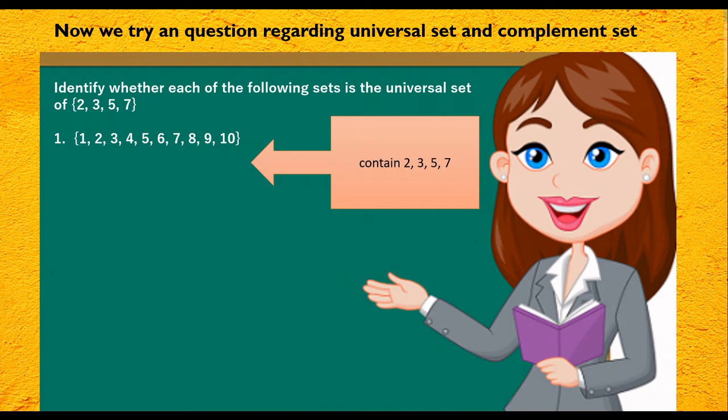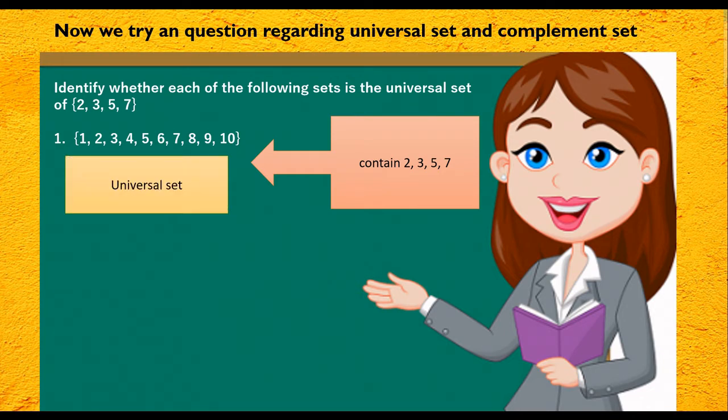So how am I going to confirm my answer? You look at the universal set given and then you look at the special condition given. The special condition needs 2, 3, 5, and 7. Since the universal set given contains 2, 3, 5, 7, this is the universal set.